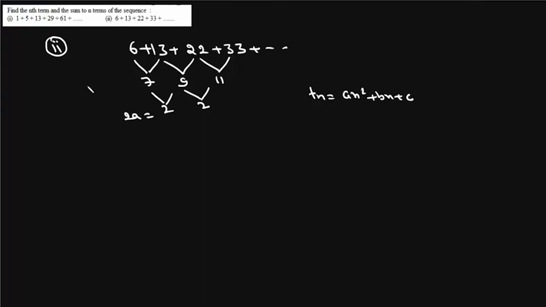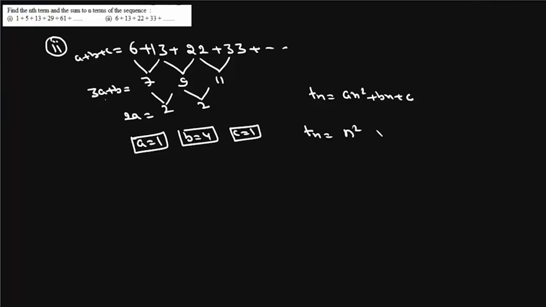This is 2a, this is 3a plus b, and this is a plus b plus c. Now clearly a is 1, and if we put a as 1, we'll get b as 4, and if we put a as 1 and b as 4, we'll get c as 1. So its general term or its nth term will be n square plus 4n plus 1.